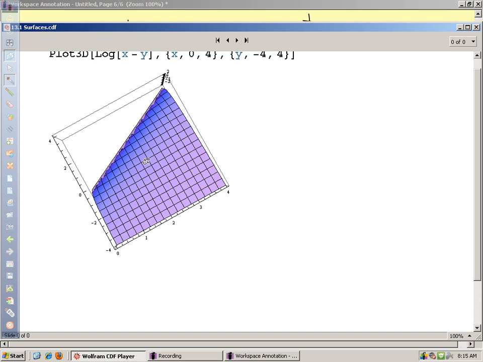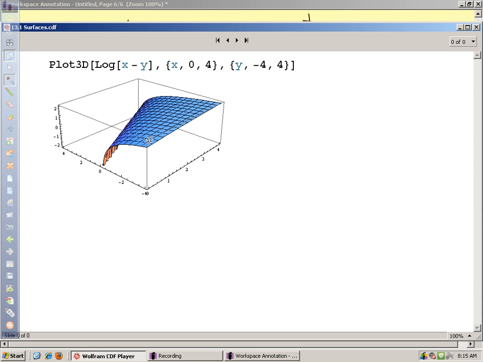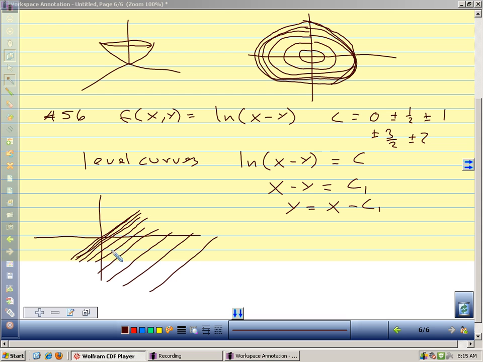So we're looking at it straight down from the positive z direction, and it curves up kind of at an angle. Let's go back. So these are the contour lines that we drew. So this would be down where it was really close to the xy plane, and then it's coming up this way. Okay.